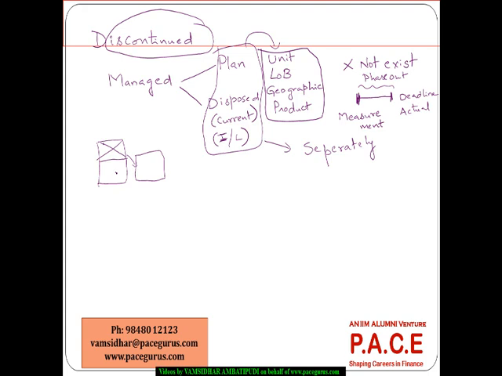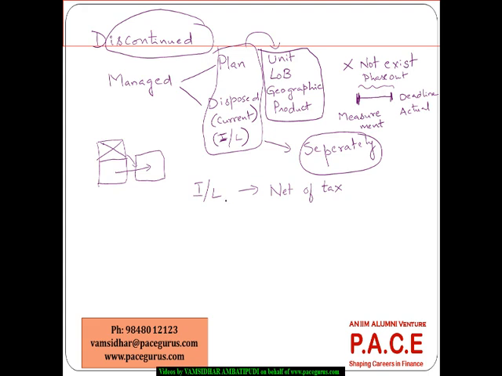Now the comparison should happen with this portion in the financial statement. So that's the reason, from all these dimensions, the discontinued operations need to be treated separately. So the way we represent them in the financial statements, any kind of income, gain or loss coming from the discontinued operations, I will compute net of tax separately.